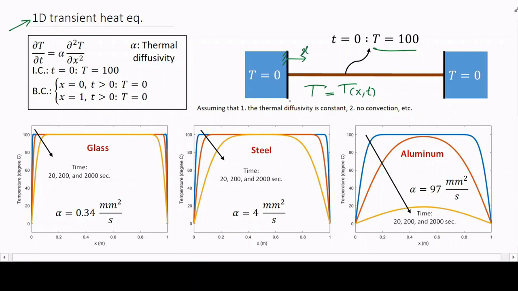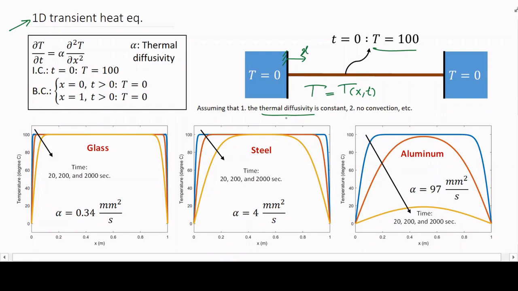So when we study such a problem, we try to model the system and we make some assumptions. For this specific case, for example, we assume that the thermal diffusivity of the system is constant. And thermal diffusivity is just a property of the material that shows how fast heat can diffuse within that material. And this property is generally a function of temperature.